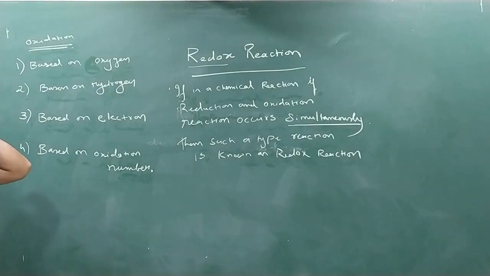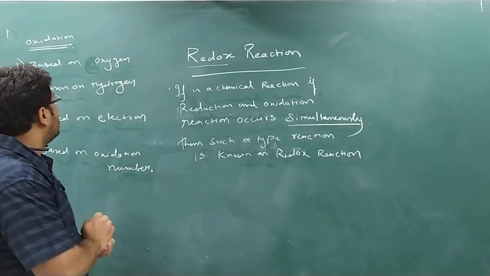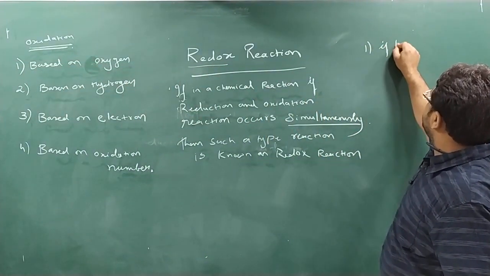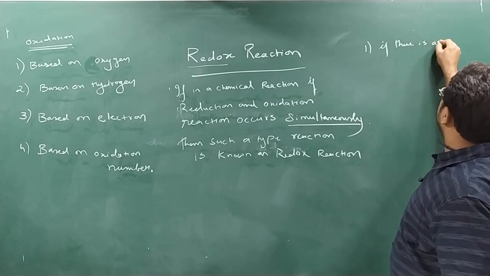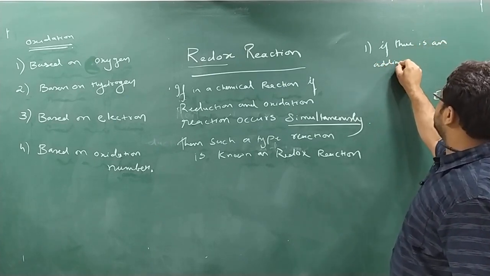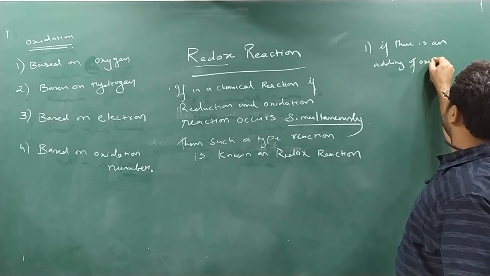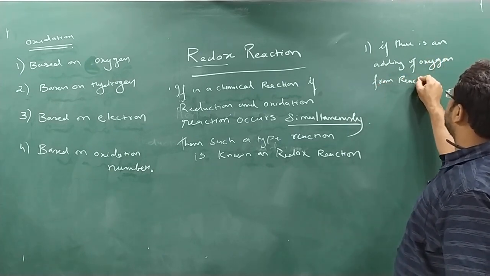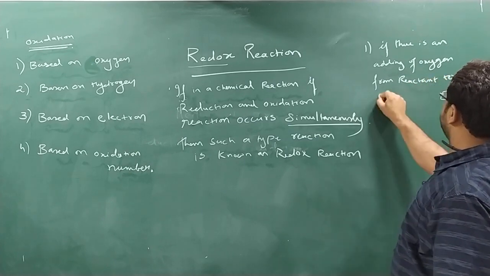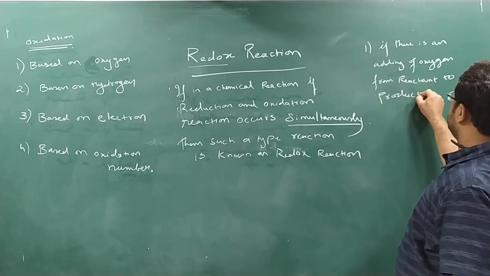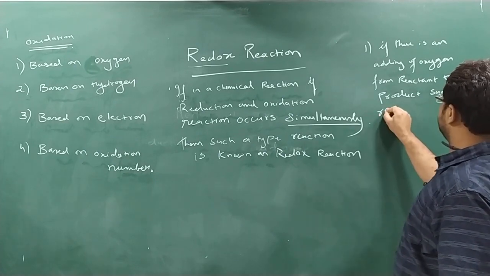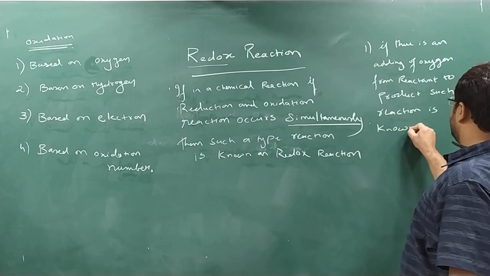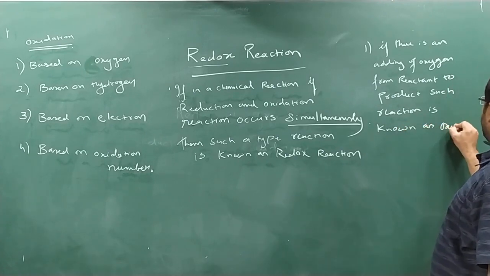So the first definition is based on oxygen. Oxidation in terms of oxygen is, if there is an adding of oxygen from reactant to product, such a reaction is known as oxidation.